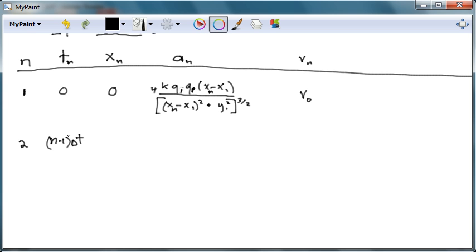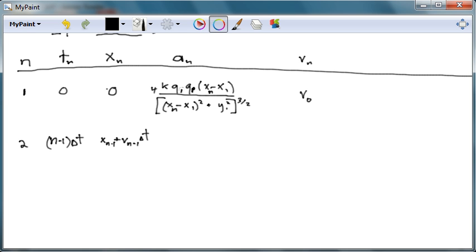And then xn is going to be x n minus 1 plus v n minus 1. That'll be this value times delta t.